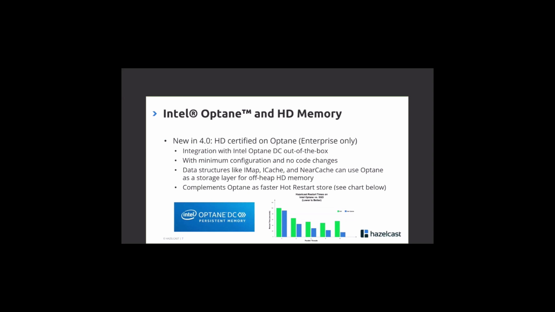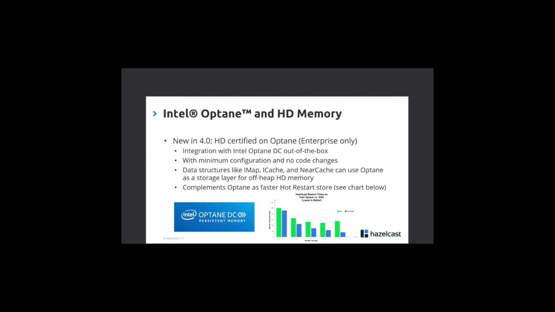Now let's be clear, there are actually two modes for Intel Optane depending on how your software leverages it. In this previous use of Intel Optane as a hot restart store, we were using it in persistent mode. While the technology is called Intel Optane DC persistent memory, that certainly makes sense in that context.